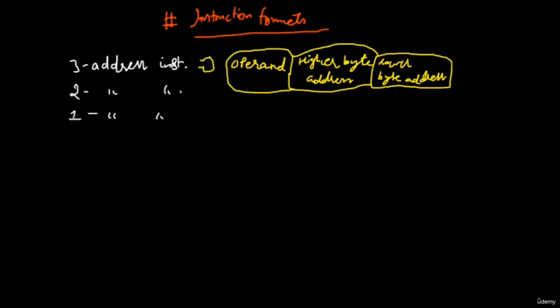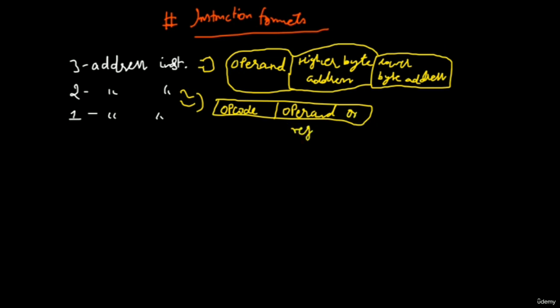Now, what is the second thing we have? Well, the second thing is going to be equally interesting. Here we have opcode, which is called the operational code, and operand, O-P-E-R-A-N-D, or you can also call it a register.